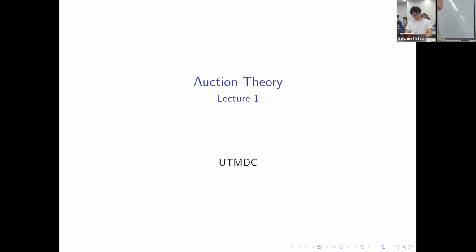All right. So please feel free to interact at any point. There will be some material on the slides, but I'm going to also write some other stuff that is not in the slides on the whiteboard as well. All right. So, auction theory. Auctions have been used in practice for a long time.